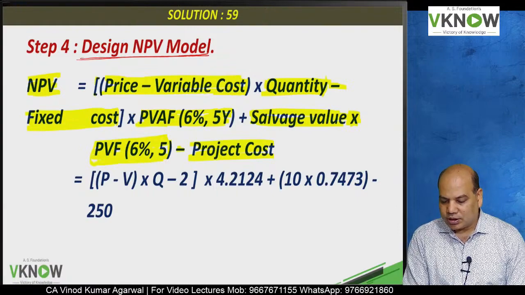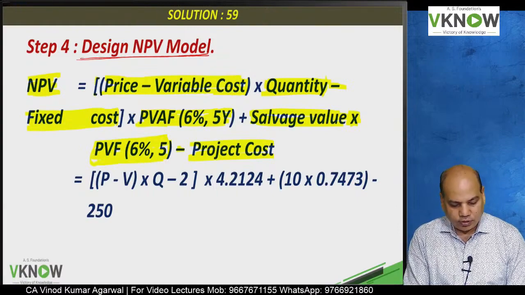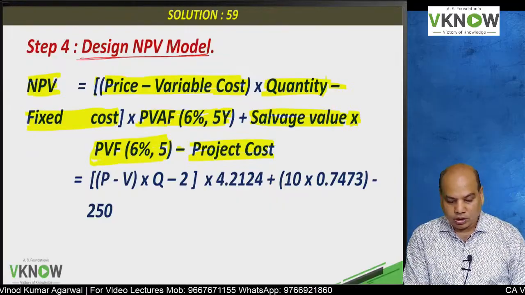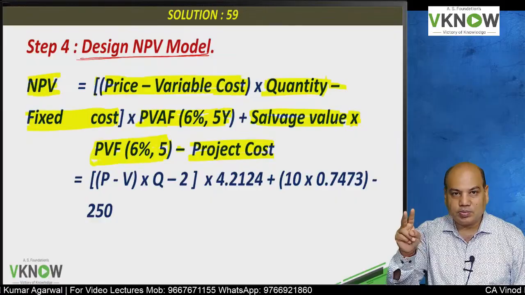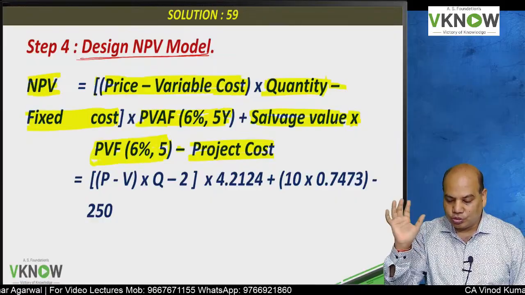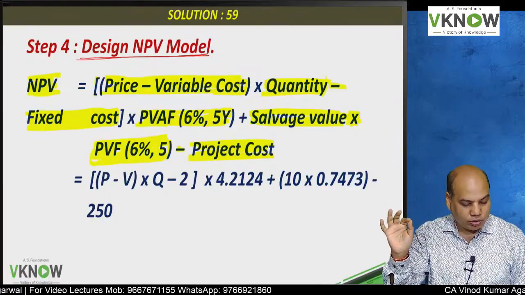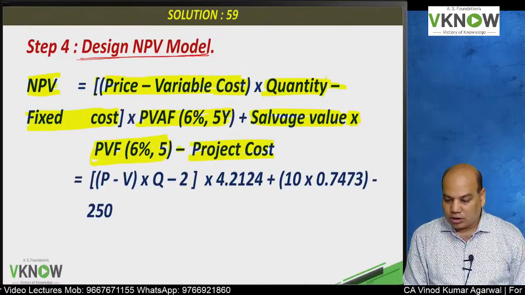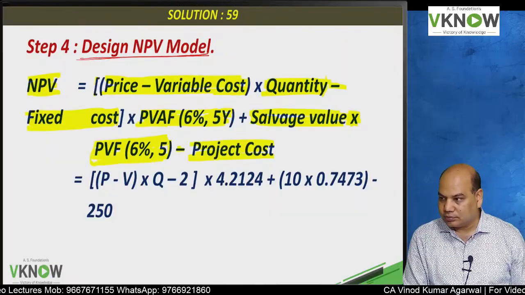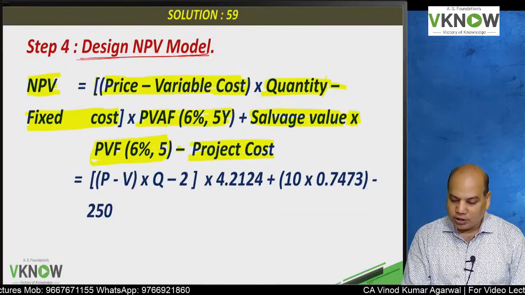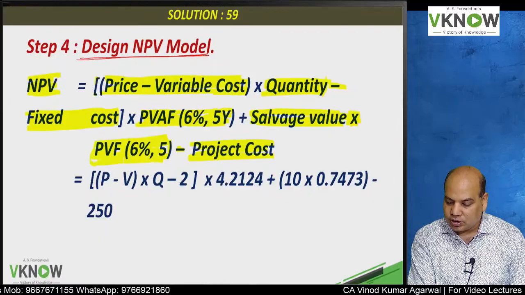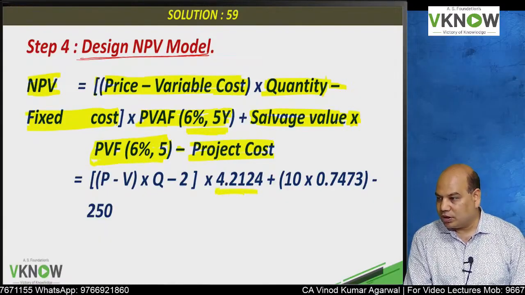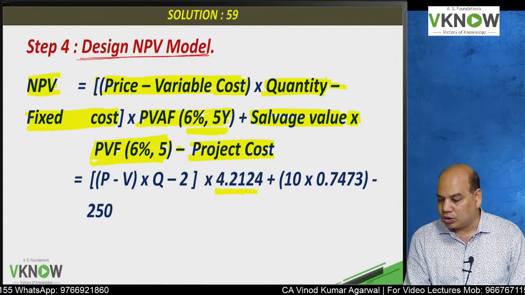For price I can write P. For variable cost I can write V. For quantity I can write Q. These 3 are the missing variables, P, V and Q. Fixed cost is 2 lakh. And the PV annuity factor for 6% and 5 years, please check, is 4.2124.